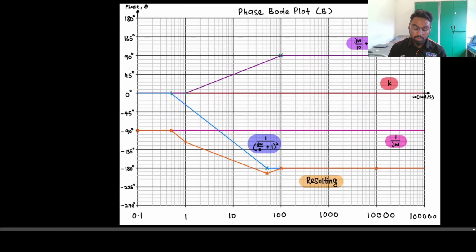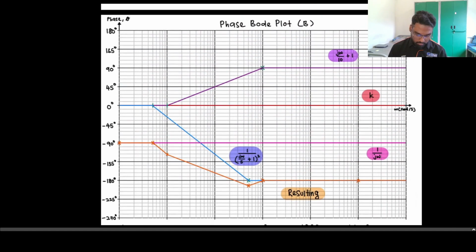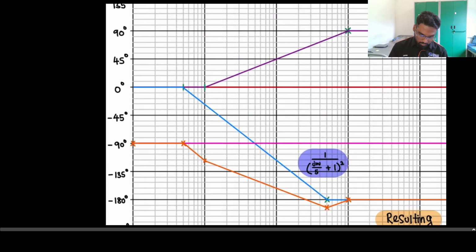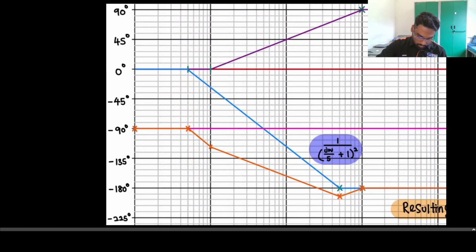Now we are going to observe the graph and see which is the next decade which will have a change. As you can see, the blue line changes around 0.5. So that will be our next omega that will have the change. I recommend you use a ruler or anything to draw a straight line so that you can see the intersection very clearly.